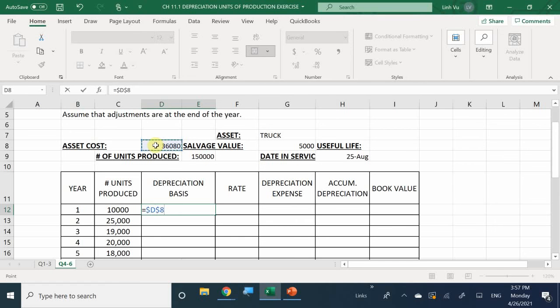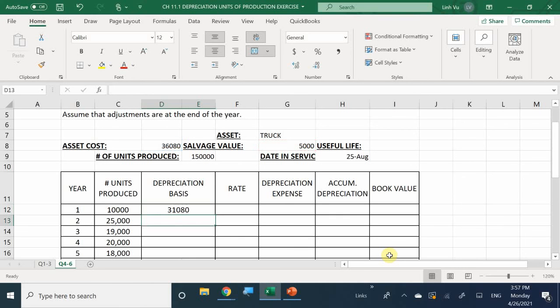The cost of the asset, which is $36,080, minus the salvage value of 5,000. $31,080.